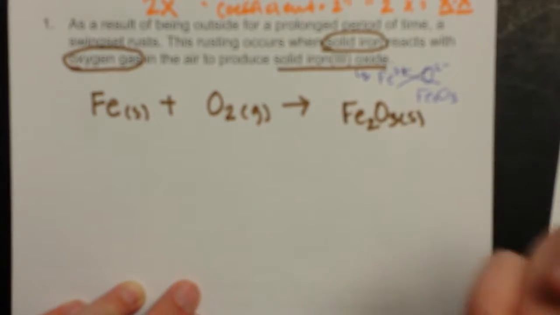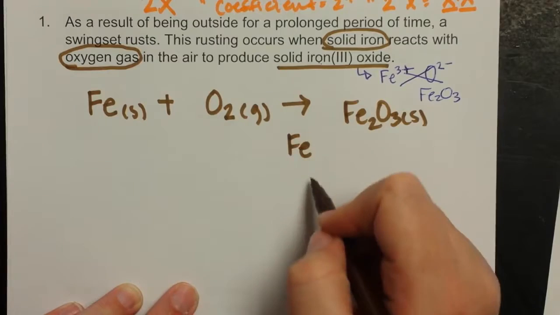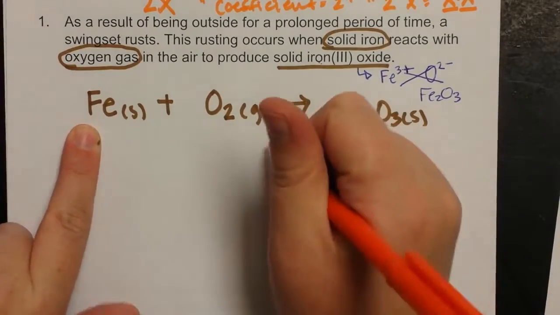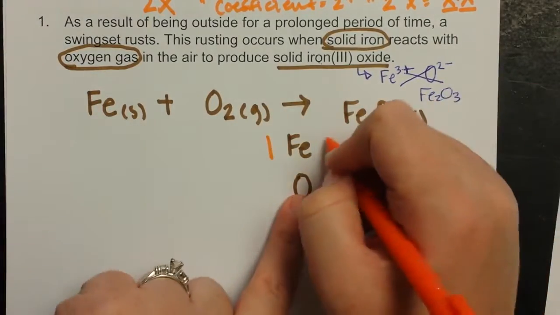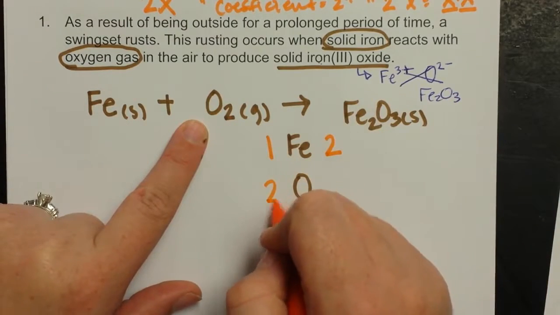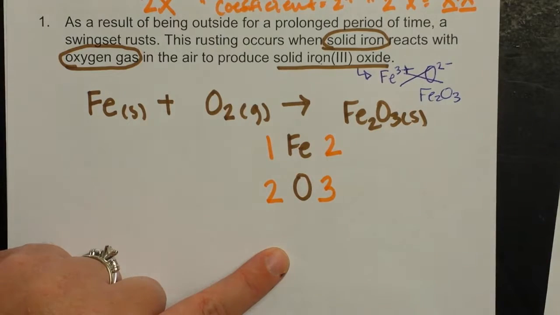All right. So to balance, you've got iron and oxygen. There's only 1 iron represented on my reactant side, and there are 2 irons represented on my product side. We've got 2 oxygens represented on my reactant side, and 3 oxygens represented on my product side.